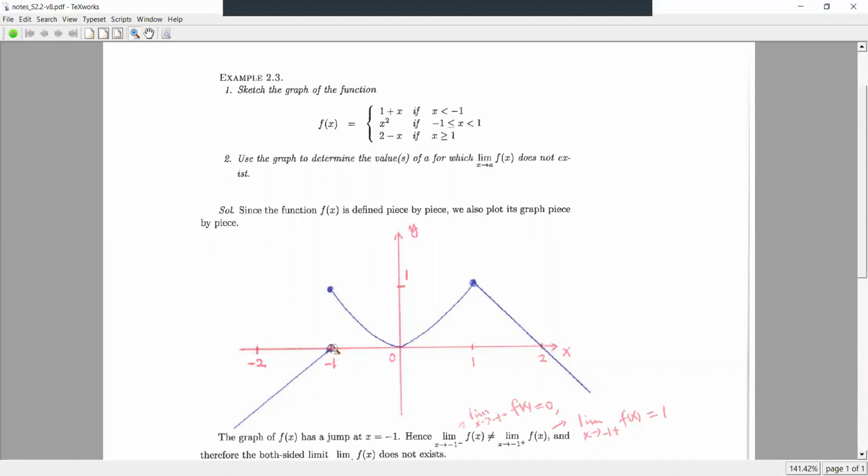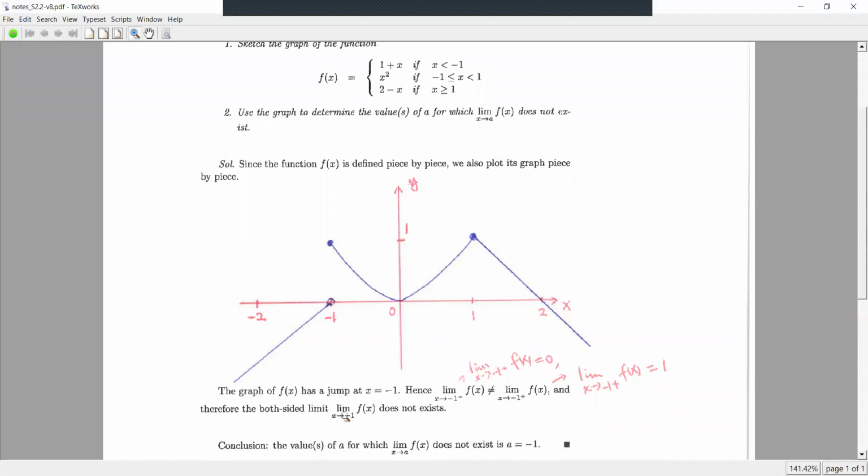The height of this point is 0. Therefore, the left-hand side limit is 0. When we let x approach -1 from the right side, the graph approaches this point. The height of this point is 1, so the right-hand side limit at -1 is 1. Therefore, at -1, the both sided limit doesn't exist.